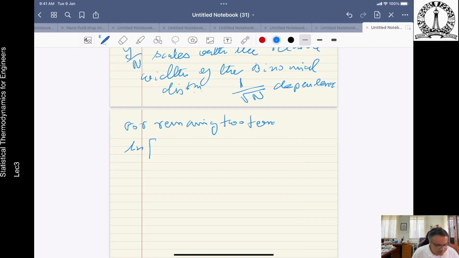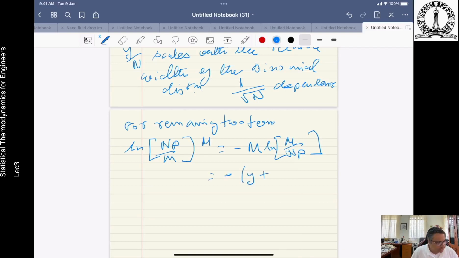ln of np by m raised to the power of m is equal to minus m ln m by np, which is further given as minus y plus np into ln 1 plus y by np.